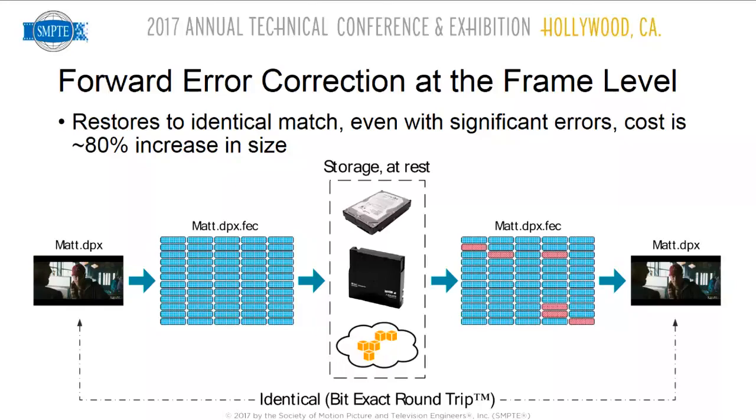When you pull that out of rest, guess what? You can have bit errors, even if they happened either at rest or through the network that got them to you. Even if those bit errors were created, you can go back in and fix that and go back to a bit-exact version of that image.